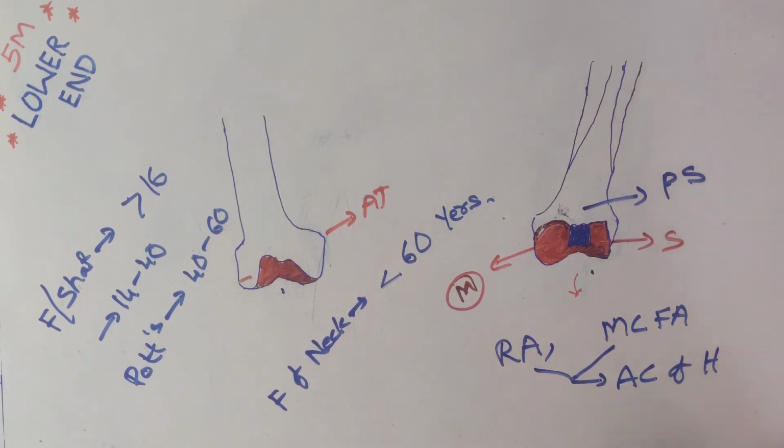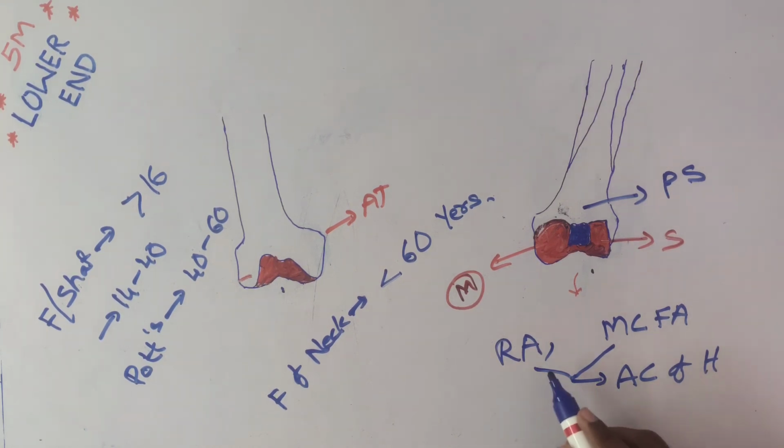Avascular means there are no arteries and veins passing through the neck. Necrosis means death. So injury of these two arteries causes avascular necrosis of the head.